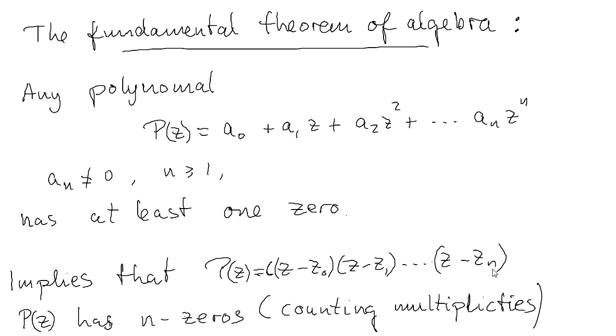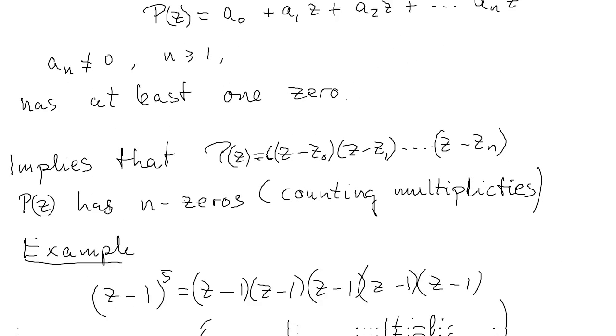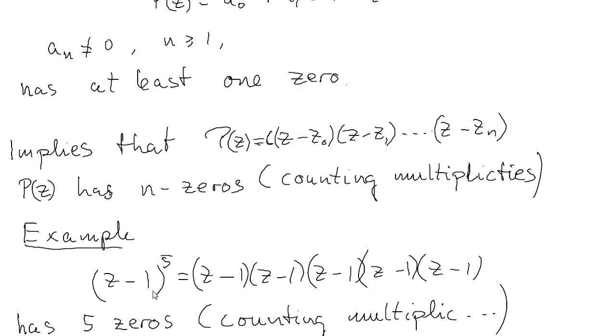Many of these zeros may be equal, but when we are saying that it has n zeros, we are counting multiplicities. What does that mean? Without going into detail, I think you will understand what I mean by considering the following example. Z minus 1 to the power of 5 can be written as the following product.